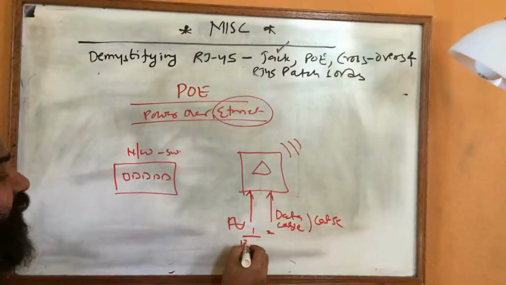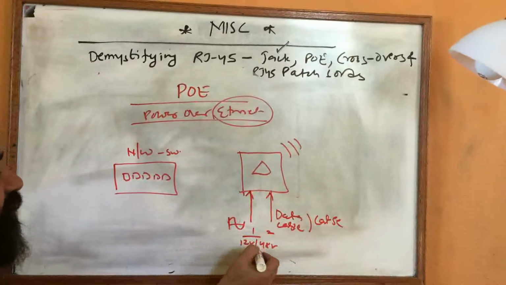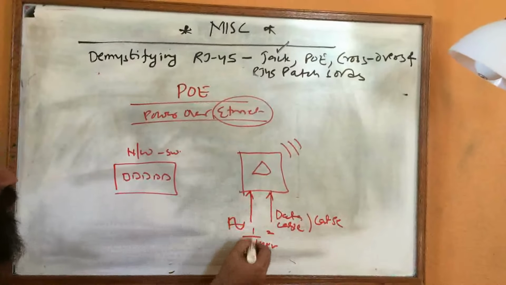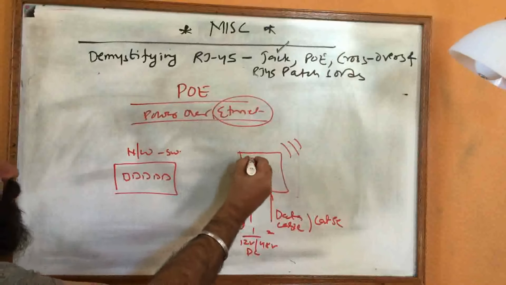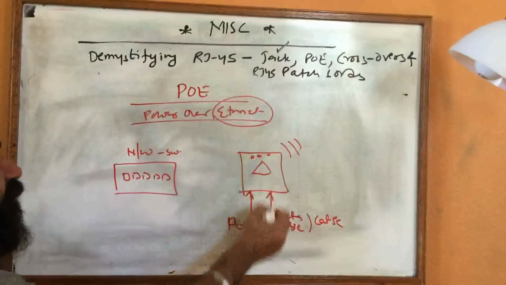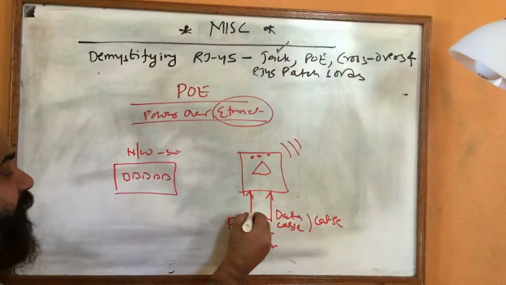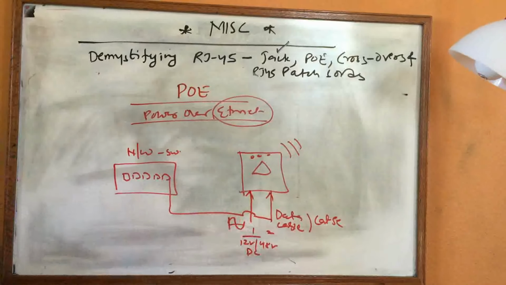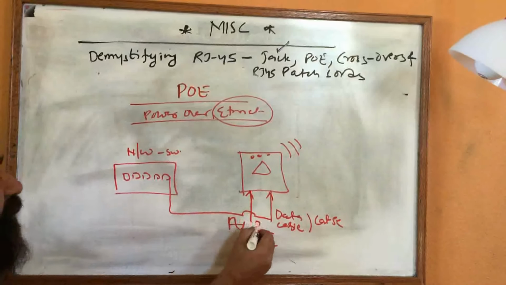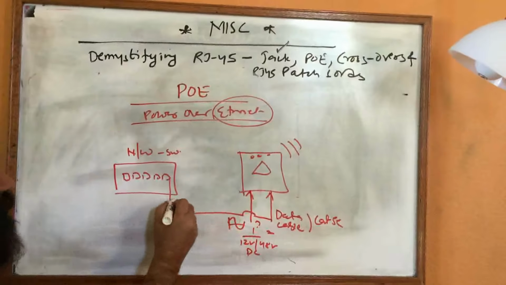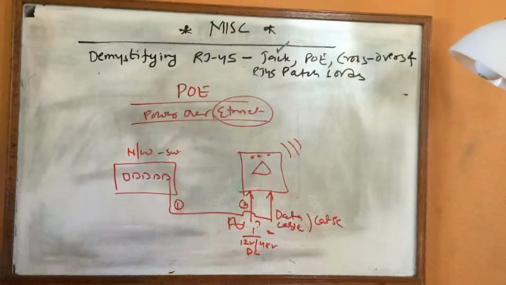This normally provides either 12 volt or 48 volt DC current into the access point, so that this system actually boots up and then the data is transferred over the data cable. Now from the network switch, this particular cable will be connected to the network switch, right? But what will happen to the power? So the idea is you have 2 cables hanging off this access point.